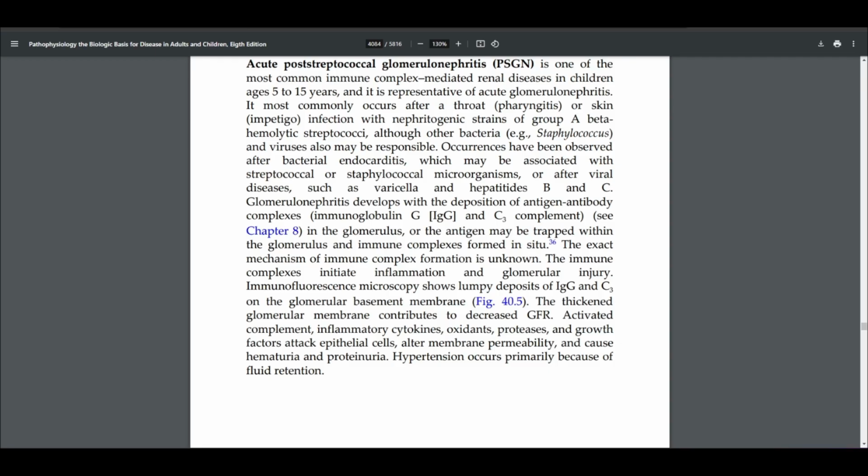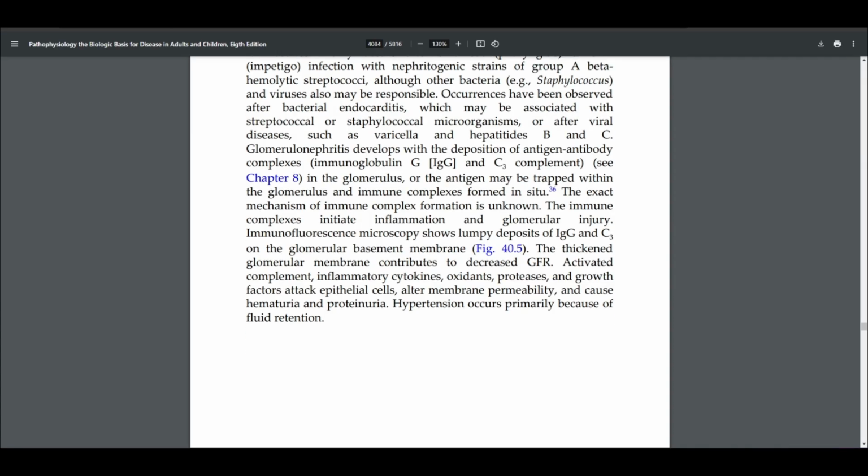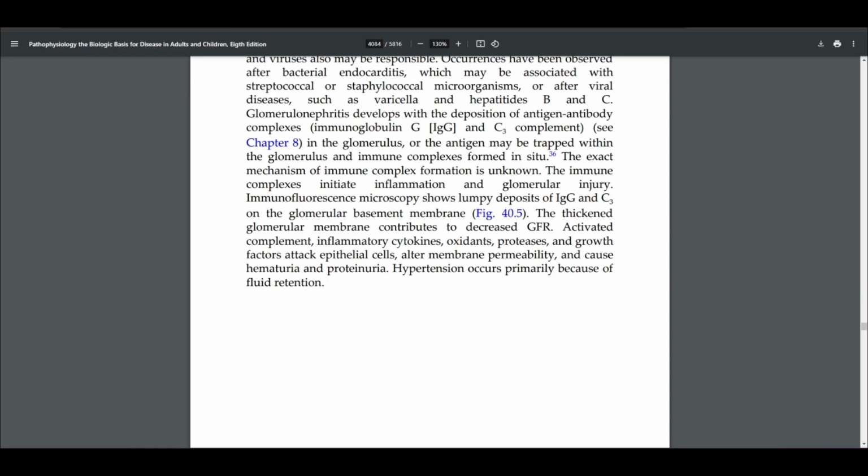Immunofluorescent microscopy shows lumpy deposits of IgG and C3 on the glomerular basement membrane. The thickened glomerular membrane contributes to decreased GFR. Activated complement, inflammatory cytokines, oxidants, proteases, and growth factors attack the epithelial cells, alter membrane permeability, and cause hematuria and proteinuria. Hypertension occurs primarily because of the fluid retention.